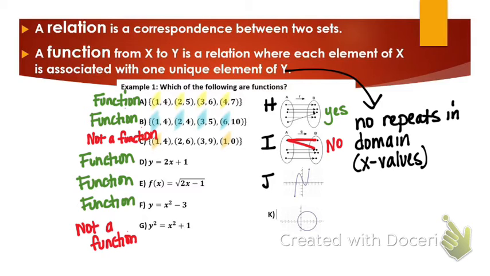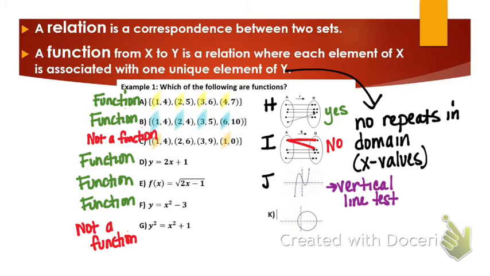And then for J, when you're looking at a graph, you want to check for the vertical line test. Remember that from Algebra 1? So if you can draw a vertical line, as long as it crosses it just once, it's a function.